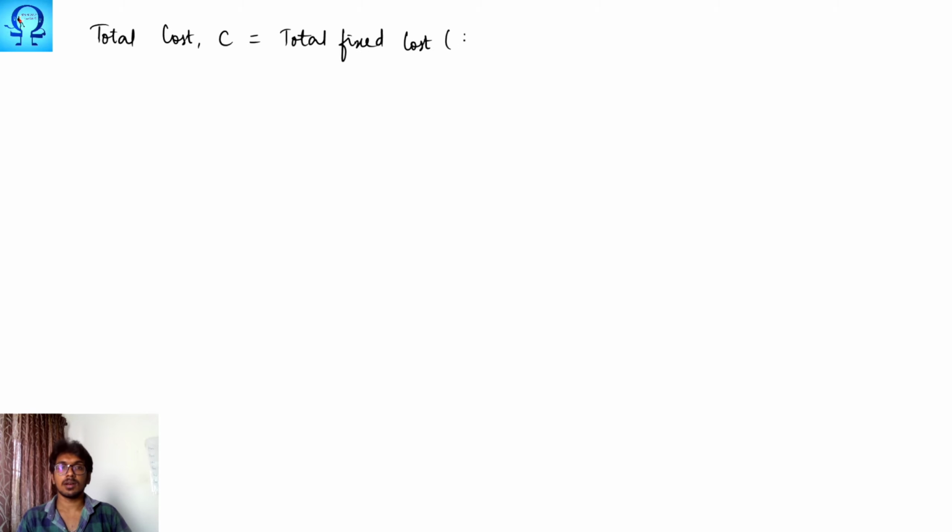Similarly, talking about the cost, total cost, we shall represent this as C, is the total fixed cost, abbreviated as TFC, plus total variable cost, TVC. What do you mean by total fixed cost?